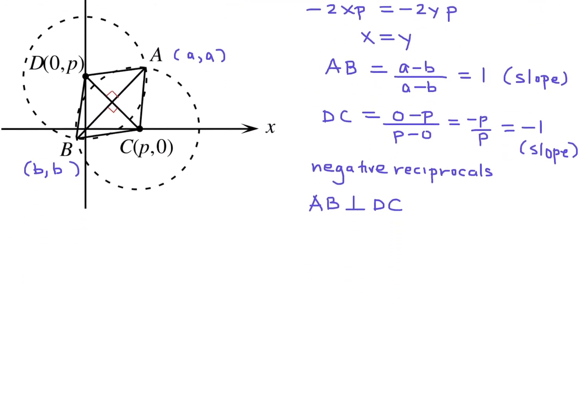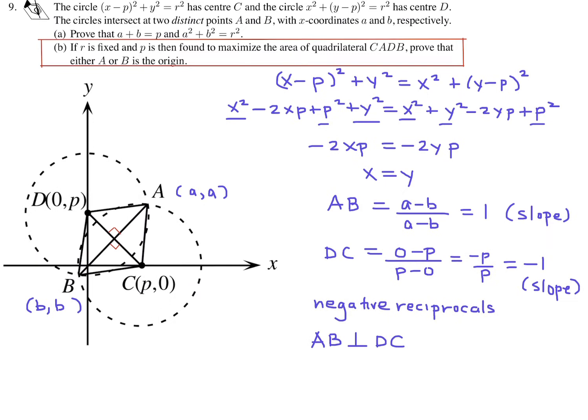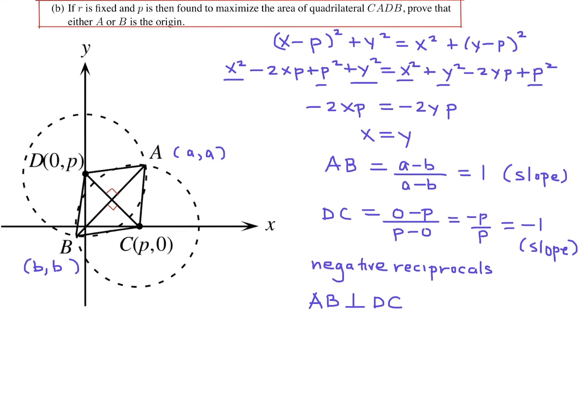Okay? So now we have to concentrate on what they are asking us in part B of this question. They are saying, if r is fixed, that is the radius, and P is then found to maximize the area of quadrilateral CADB. So CADB is this guy right here, CADB.